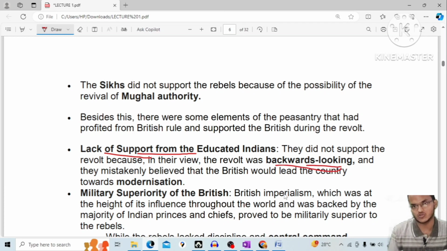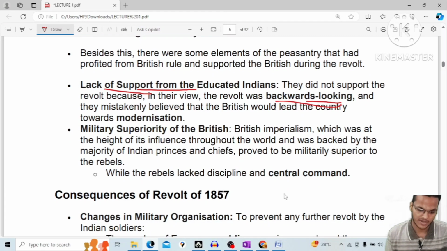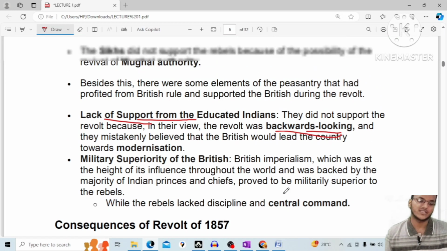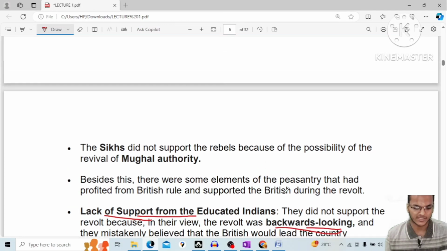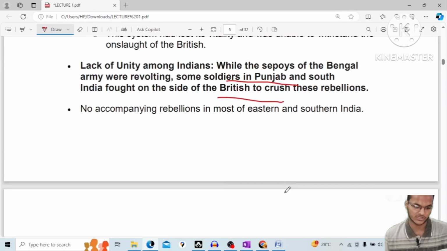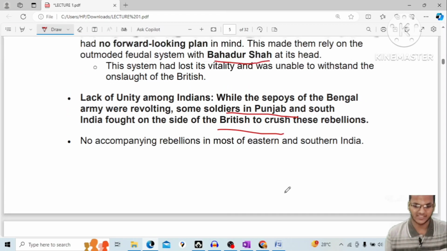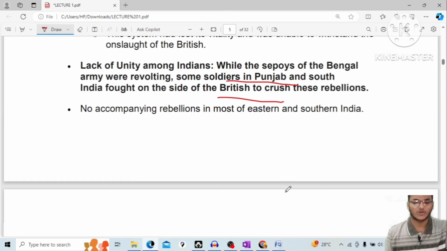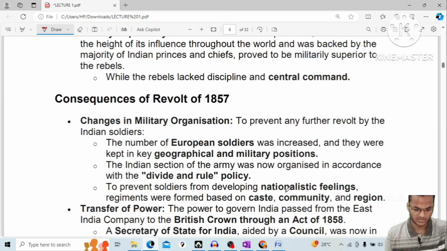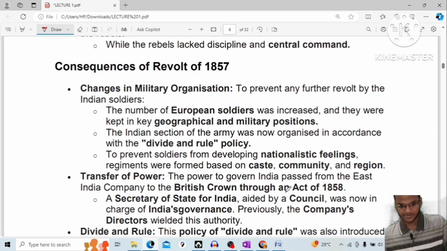In their view the revolt was backward looking, and the educated Indians never thought that the revolt was a solution, and they believed in modernization. The military superiority of the British was also a major reason. So, military superiority, no support from the educated Indians, Punjab and the Sikhs not being with the rebellion, and the lack of a unified program or ideology.